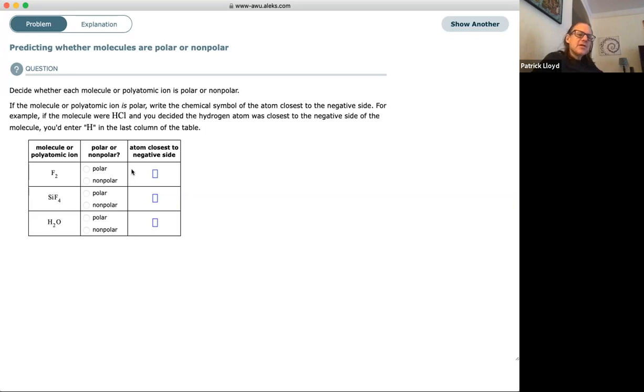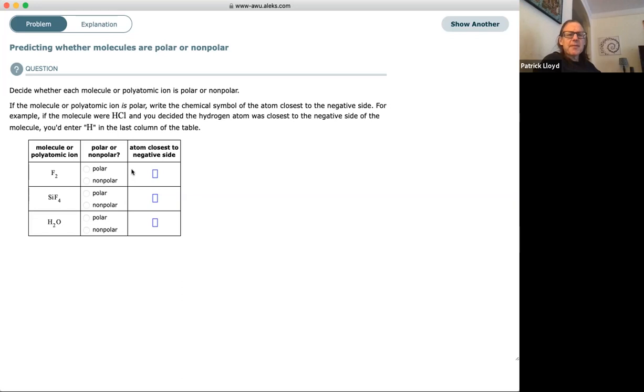Okay. So let's do F2 and then SiF4 and then H2O, and then we'll go from there. Each shape has its own specific answer as to whether it's polar or nonpolar, just because of the geometric shapes. So F2 is simple. This one is nonpolar.